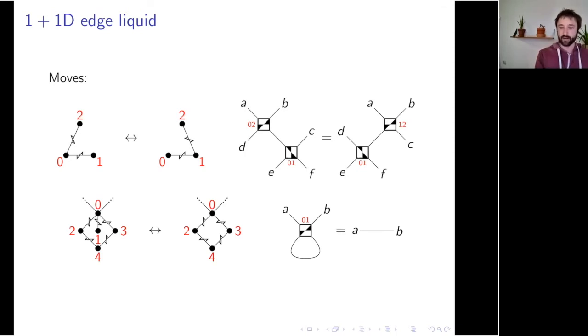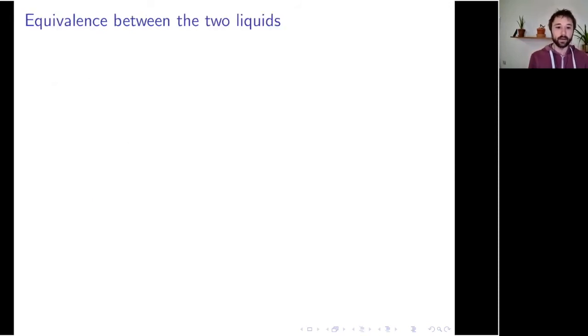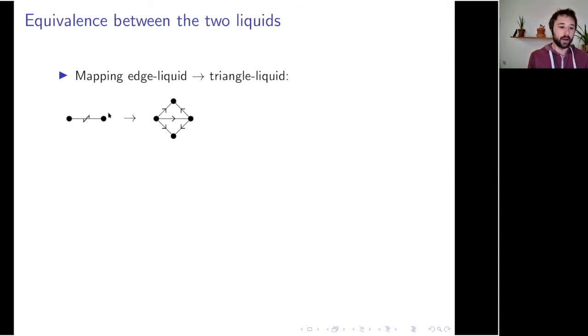And one can see that on a purely combinatorial level, because there is a way to express the edge combinatorial structure in terms of the triangle combinatorial structure locally and vice versa. So I can simply replace any edge by two triangles.